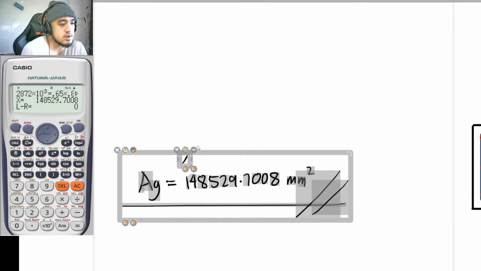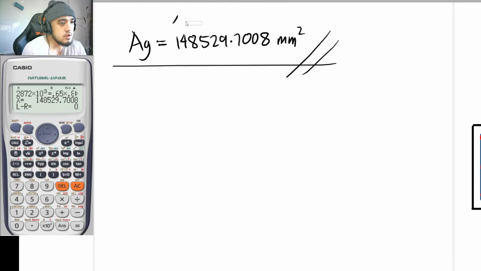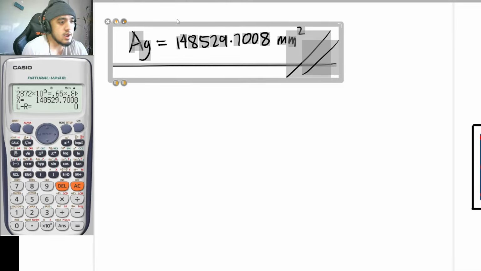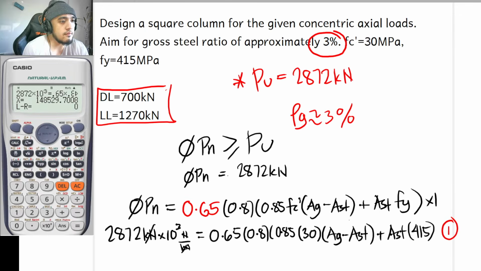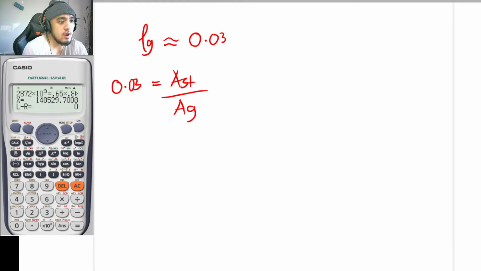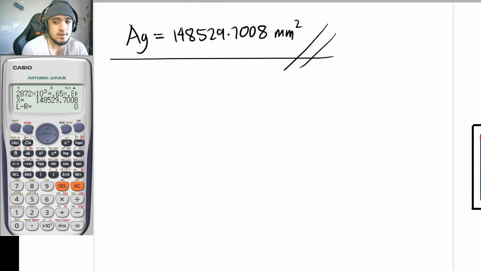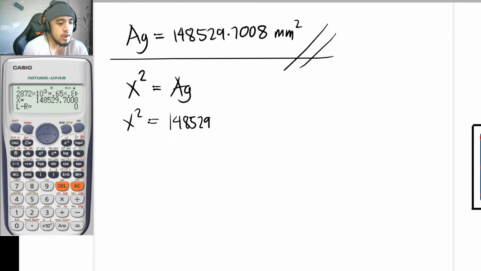Where can we place it? So here. Once again, in our problem, we have a square column. As you already know, the area of a square is side squared. So let's say that x is equal to the side. So x squared should be equal to AG. So x squared is equal to 148,529.7008 millimeters squared.